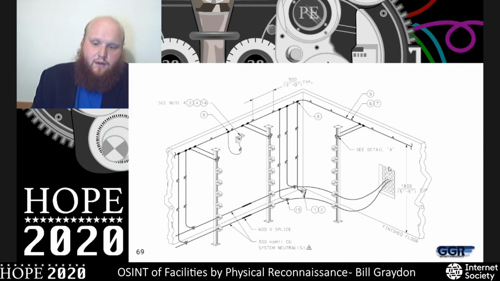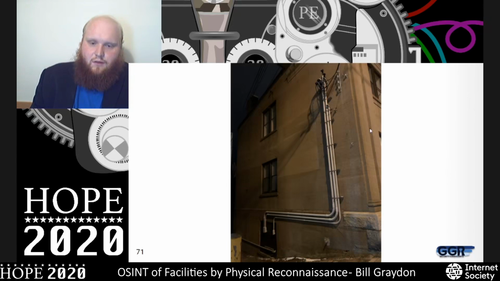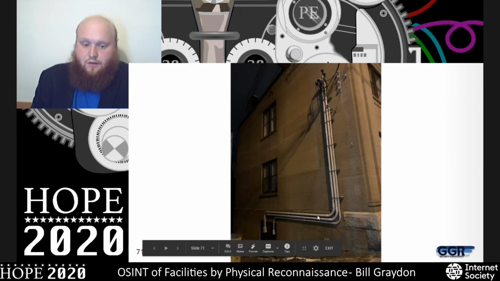On the inside of them, we have power coming from upstream in these conduits, which then gets sent to a conduit to the customer building. So again, by placement of these transformer vaults, we can get a sense of where the electrical room in the building is. And of course, we have overhead lines as well, and they're going to come from the power poles to pipes or conduits along the building, and we can get a sense of where within the building their electrical room is as well from that.